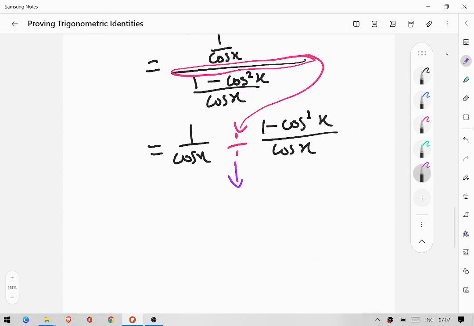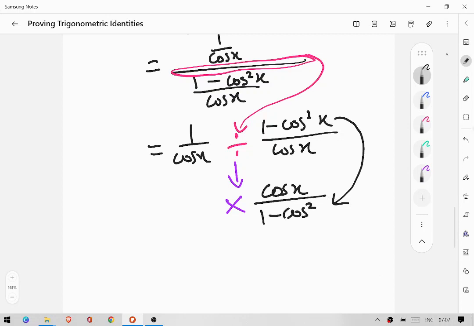I like to change this into a multiplication, but the fraction to the right must be upside down. So cos x down there goes up here. Okay, I wrote wrongly. This one up here goes down here, so minus cos squared x. Okay, erase. 1 over cos x.